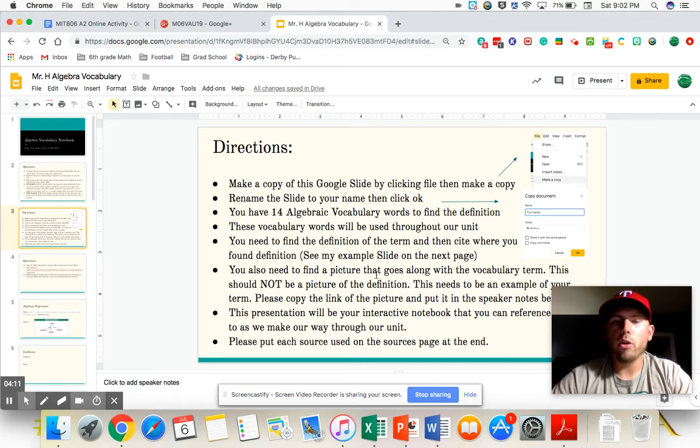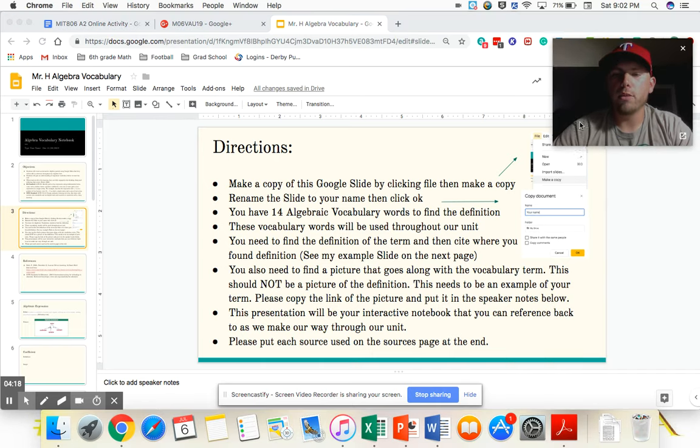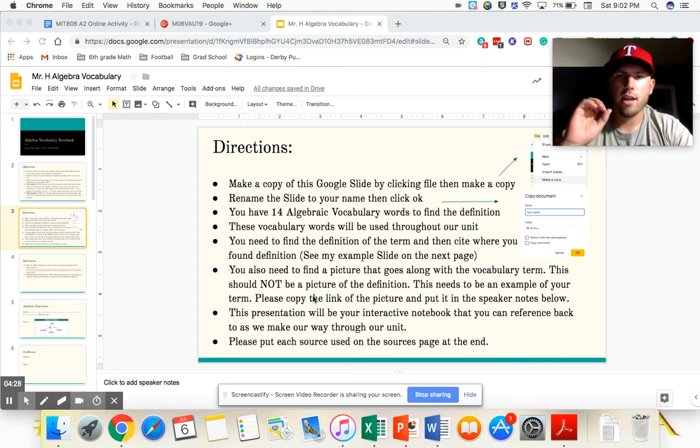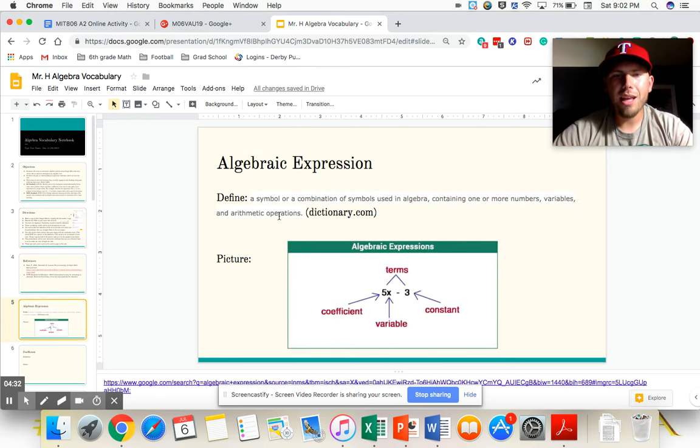I want them to also find a picture that goes along with the vocabulary term, but I do not want this to just be a picture of the definition. Like if you Google algebraic expression, you're going to have a picture of algebraic expression, and then it's going to have a picture of the definition. But what I want is a picture of what an algebraic expression is.